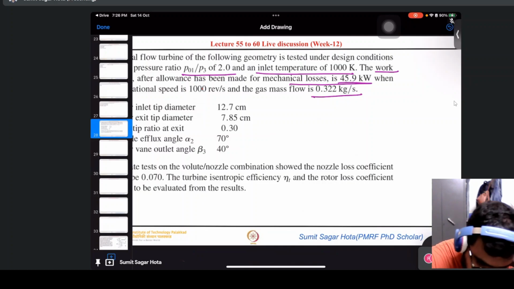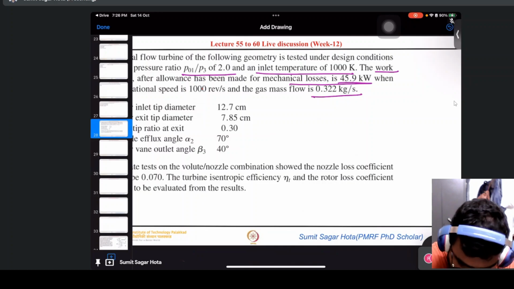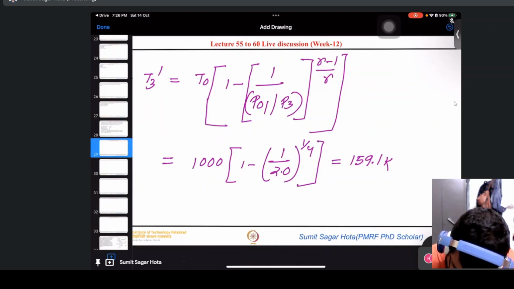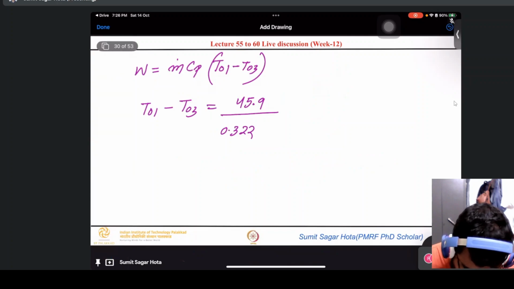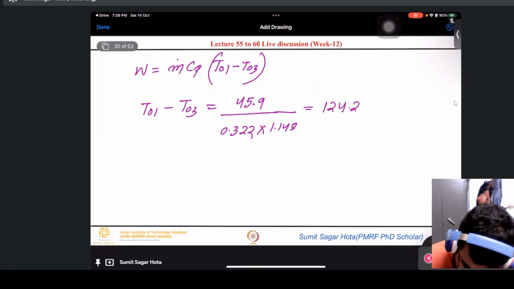And the Cp value is already known, or it should be given, but at the mean temperature you can find out the Cp. Most probably this should be given in the question. The answer is 124.2 Kelvin.